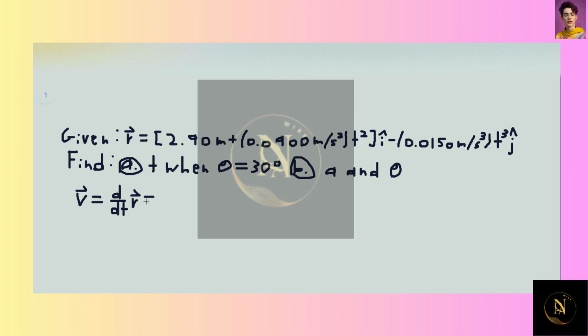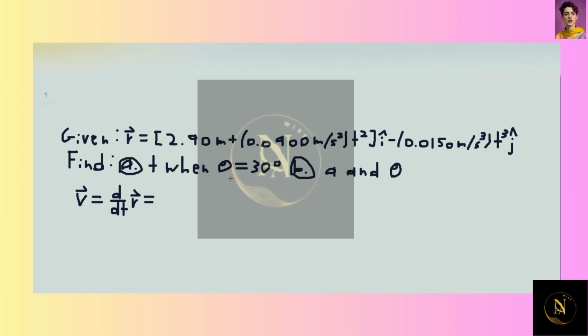Okay. So take the derivative of the i hat part first. The first term is a constant here, so the derivative of that is 0. For the second term, we have a coefficient out in front, and the derivative of t squared is just going to be 2t. So we have 2t times the 0.0900 meters per second squared.